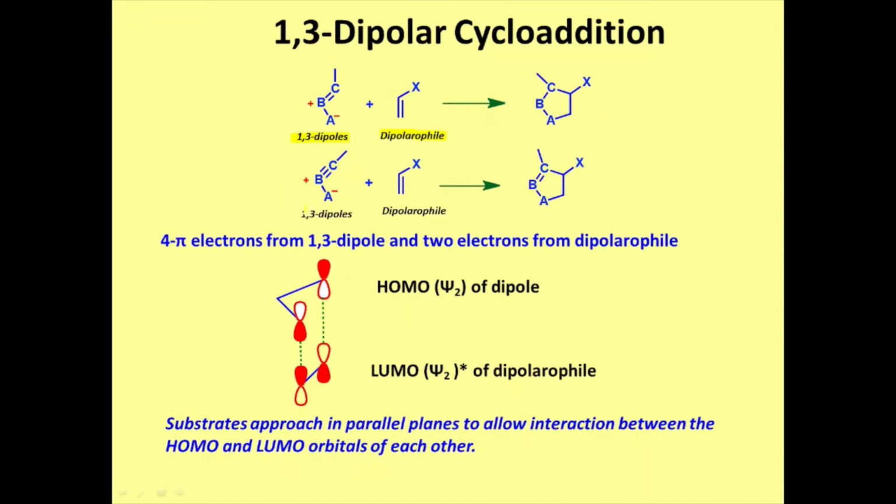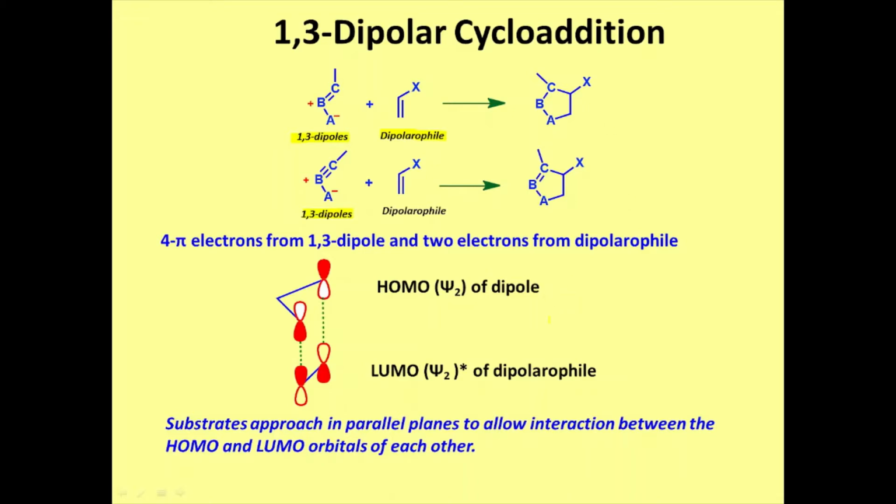So depending on the dipole and the dipolarophile, we can have different kinds of 5-membered heterocyclic structures. And in this heterocyclic structure, mainly the 4 pi electrons come from the 1,3-dipole, and the 2 pi electrons come from the dipolarophile. So it can be seen as a 4+2 kind of pi addition reaction, and we can have the heterocycles.